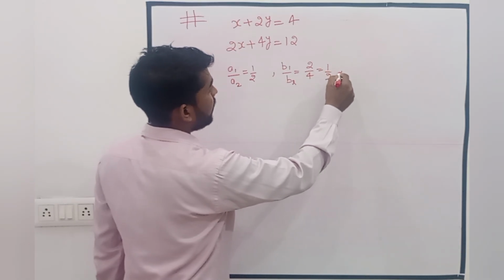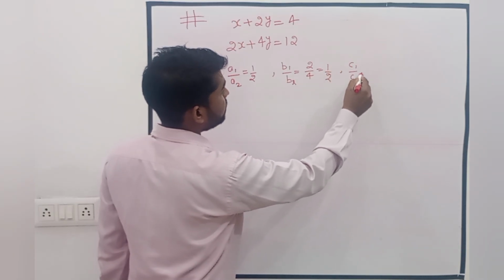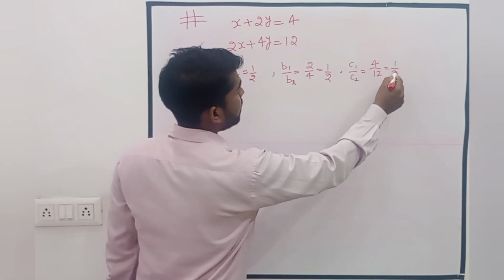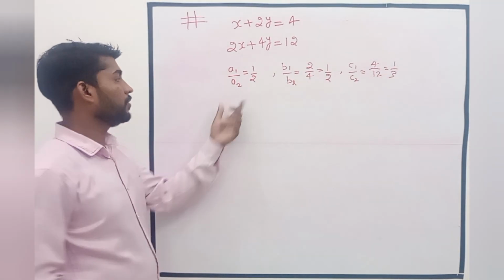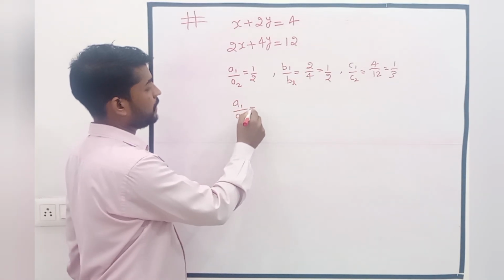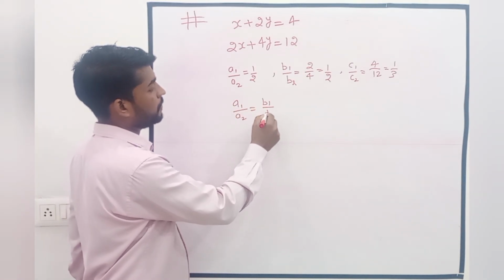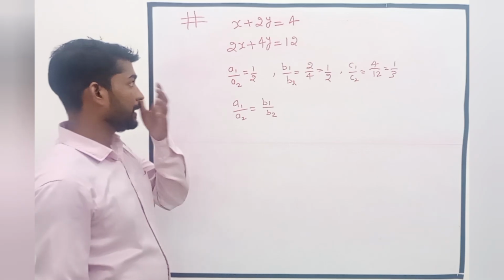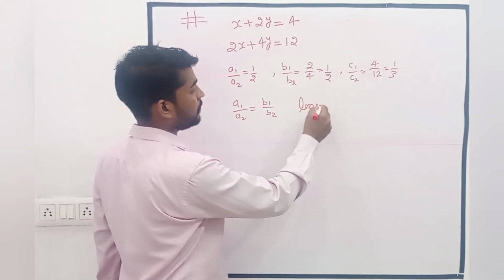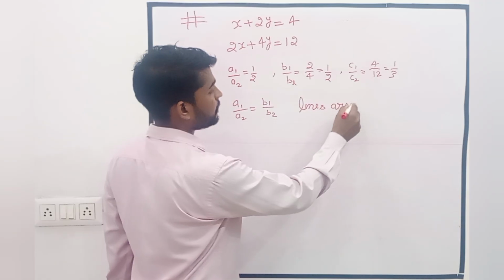And check c1 upon c2, which is 4 upon 12, that is 1 upon 3. Now we look here: the ratio of the coefficients of x and y are the same, so we can say the lines are parallel.